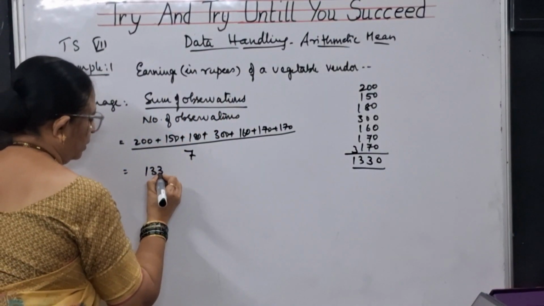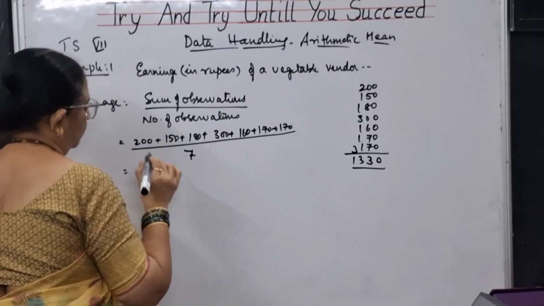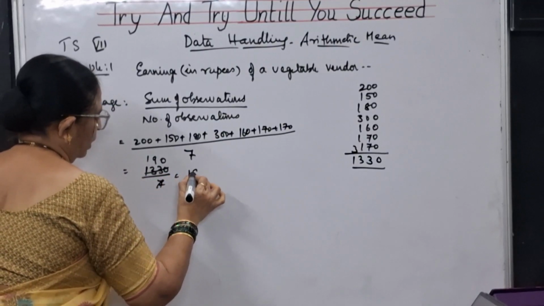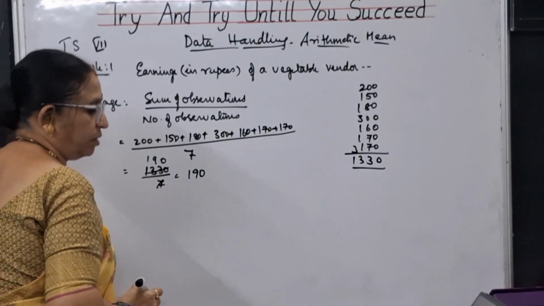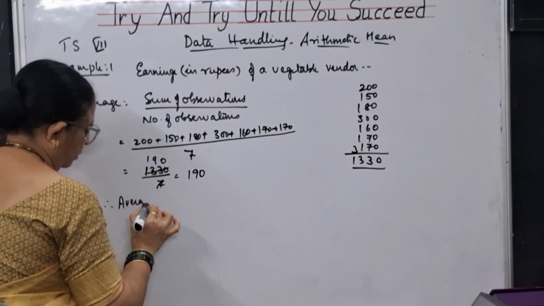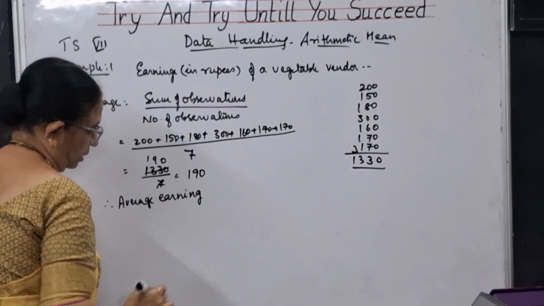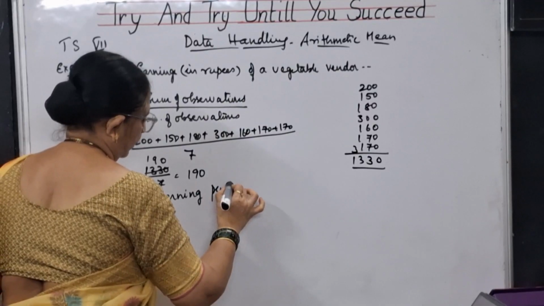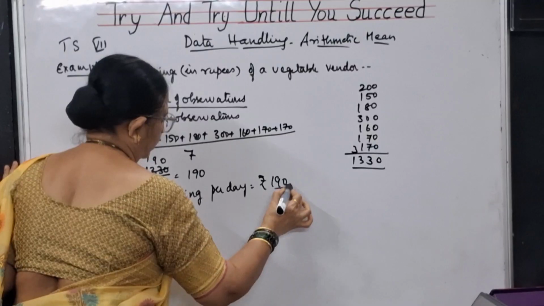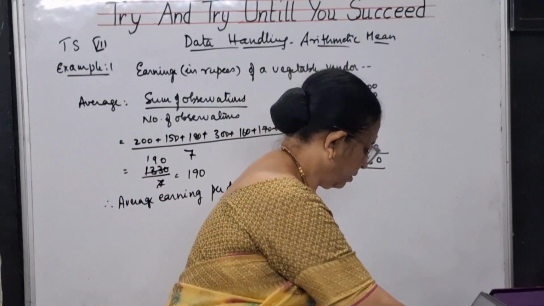So 1330 by 7. 7 ones are 7, 7 nines are 63, and 0. So it is 190. The question is the average earning per day. Therefore, the average earning per day is equal to rupees 190. That is the answer for this problem, children. Please copy it.